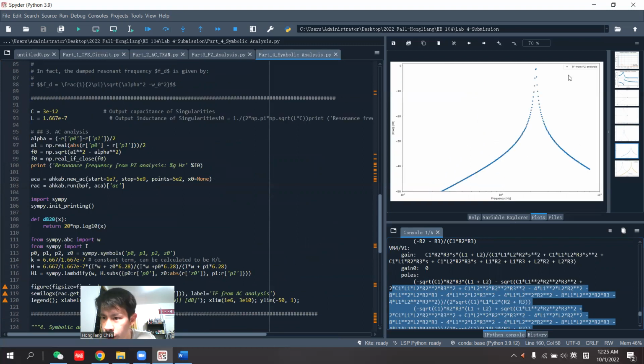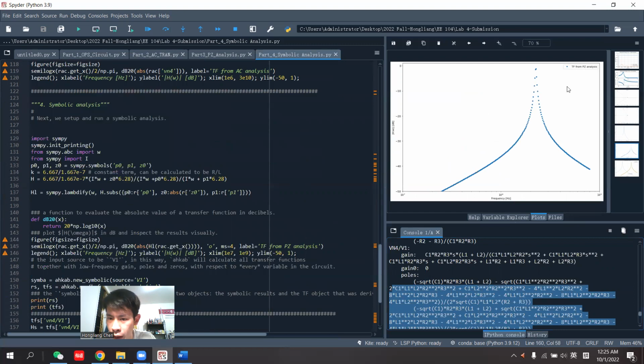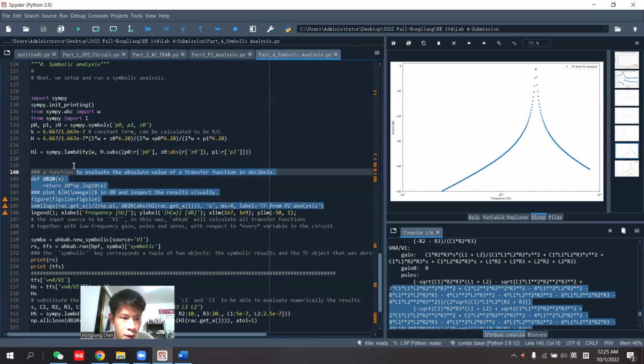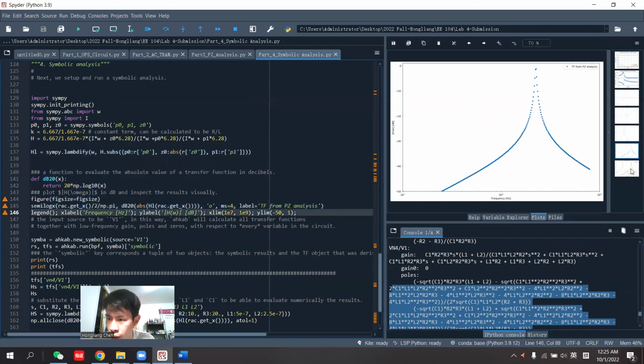And we also have pole and zero analysis like this, from negative 50 to almost 0, which is generated from the PZ analysis program.